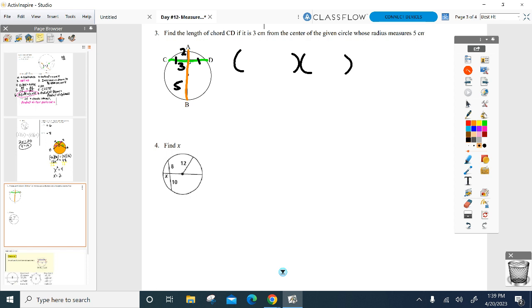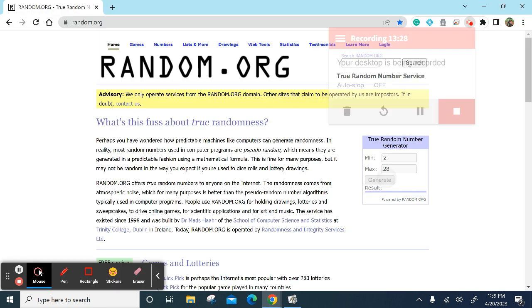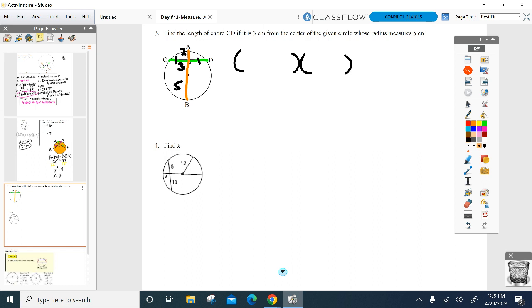Let's take chord AB. It's broken up into what part lengths right now? Give me both the lengths of the parts of chord AB. 2, and then the rest, 8. Yep. And then look at chord CD.